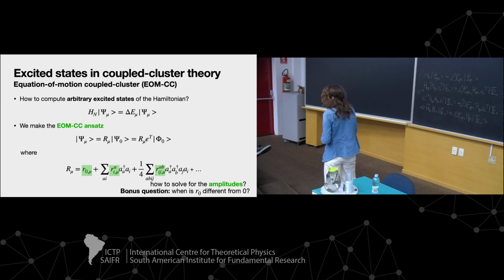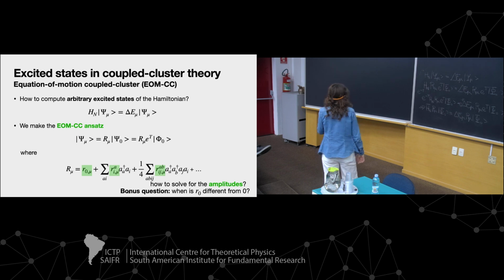So you say if you apply H to psi naught, you are going to have energy times psi naught plus some remaining terms that say psi naught is not the exact one.